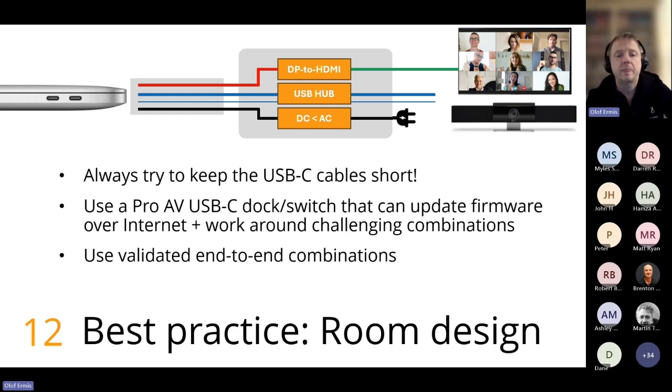But you always add a lot of trouble for yourself if you make the USB-C cables too long. A more robust solution is always to terminate the USB-C somewhere, the copper, and have a short copper cable for the last distance. And there are options that Ochno and others are using to do this in a smart way.